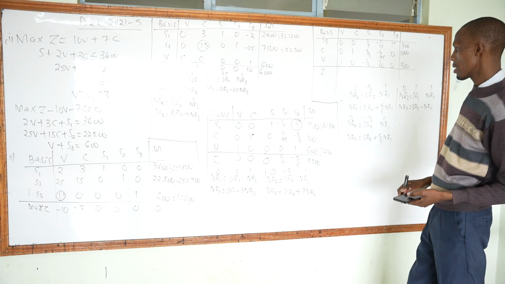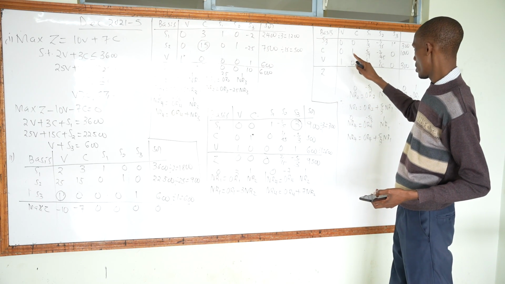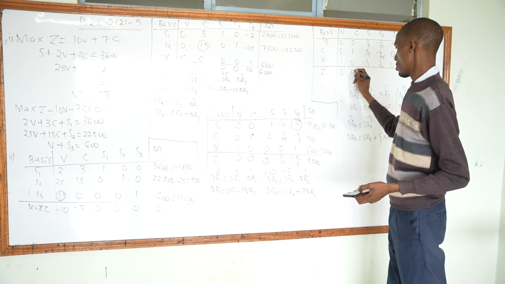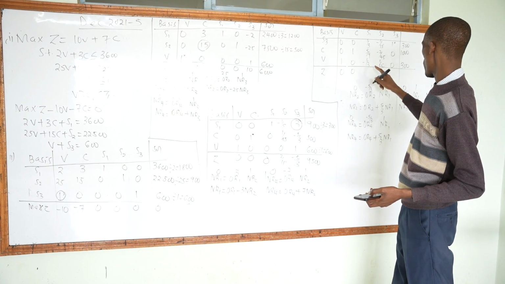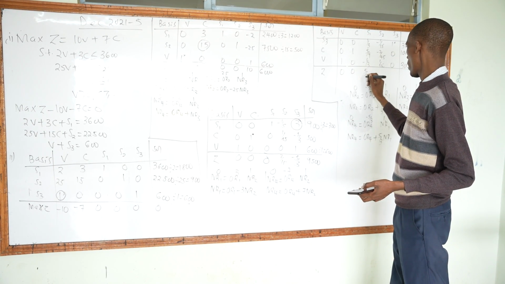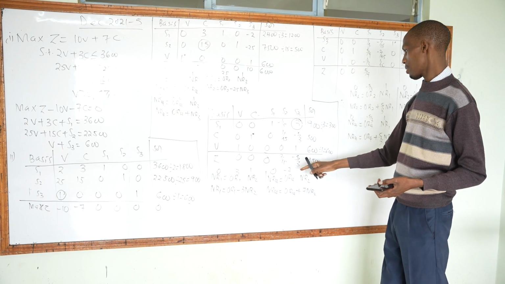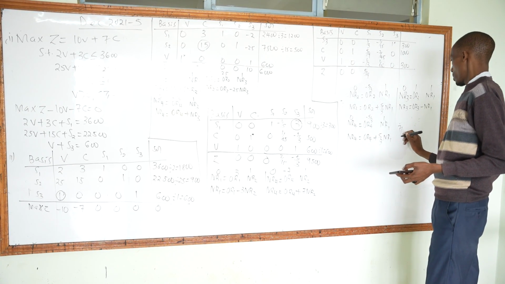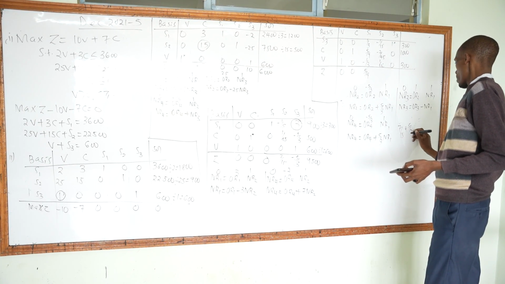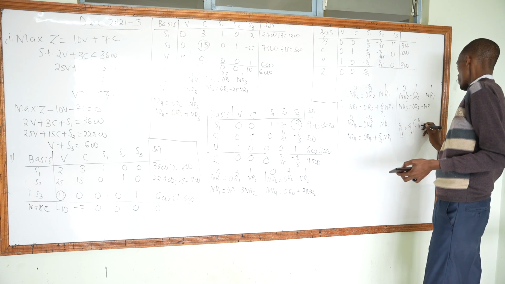So we now say 0 plus this one remain because they are 0. 0 plus 5 over 3 in bracket, this is 5 over 9. 7 over 15 plus 5 over 3, negative 1 over 15.